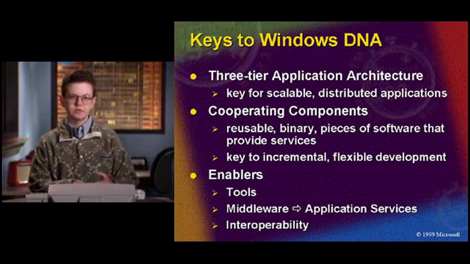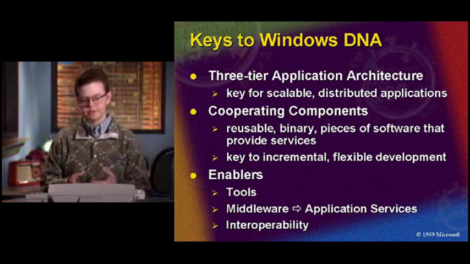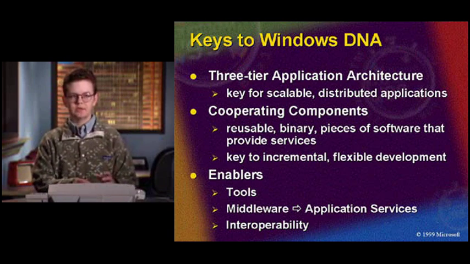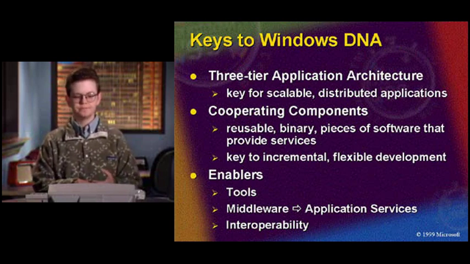The main enablers of Windows DNA are tools that can help you build these components, eliminate some of the extraneous or non-specific work, things like providing a framework for building the component infrastructure itself.